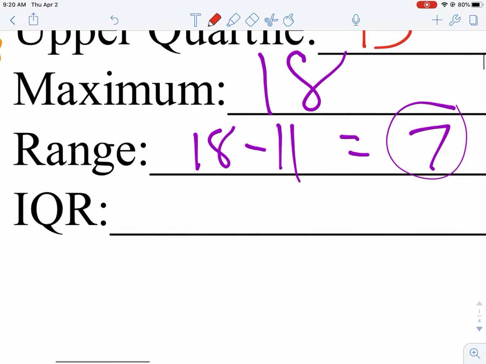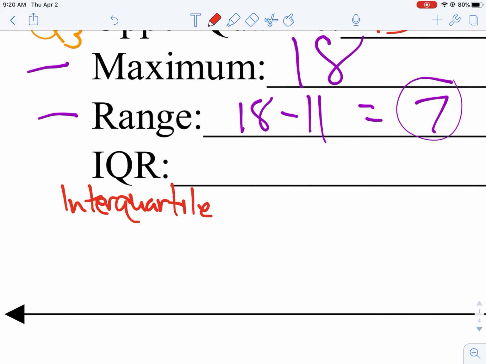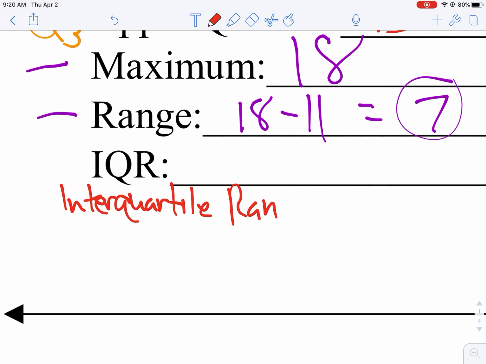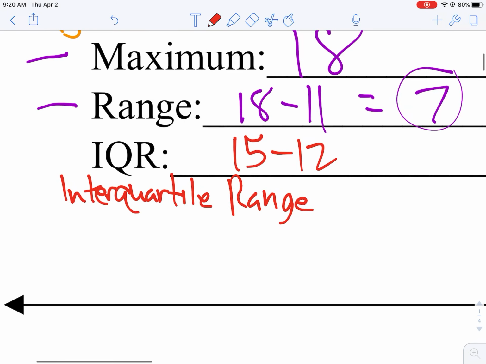So IQR, remember that is my interquartile range. And that is going to be 15 minus 12, because it is Q3 minus Q1, and that's equal to 3.